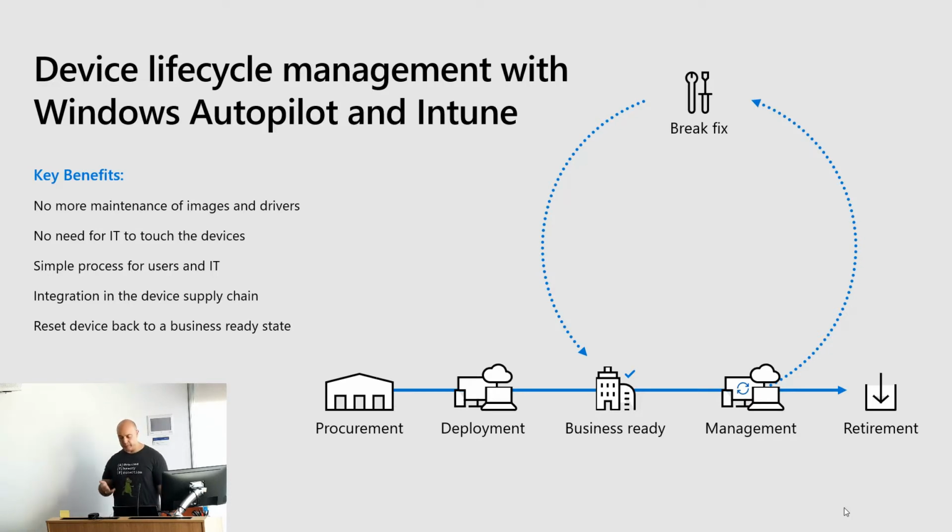That experience that you saw me go through, the only real possibility for the user to not get it right is if they don't plug the Ethernet adapter in or if they can't join the Wi-Fi network they need to join.